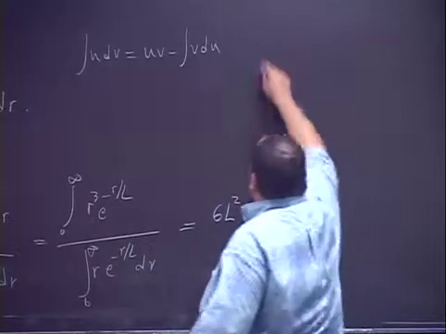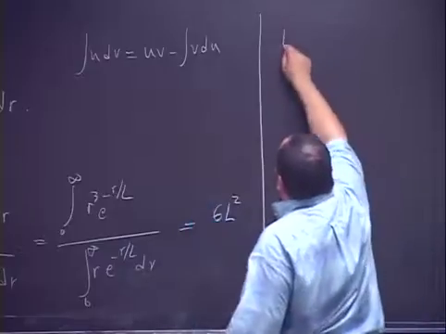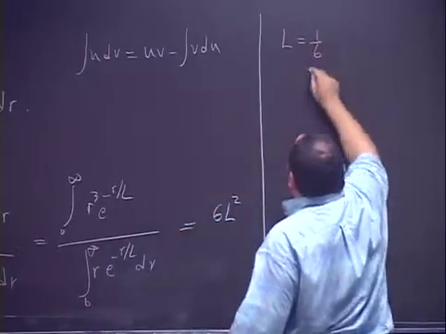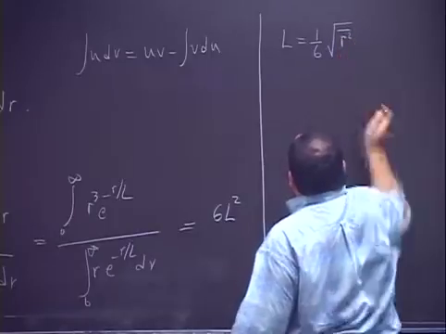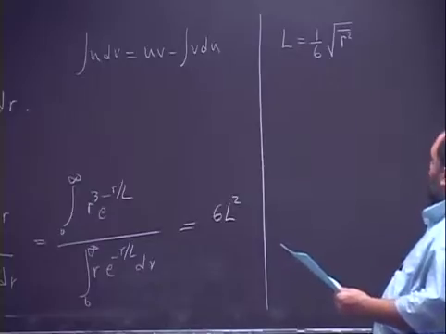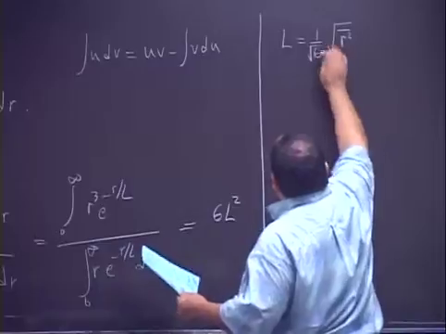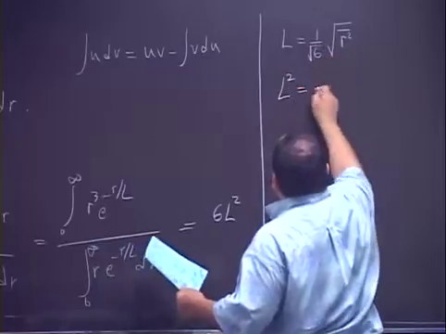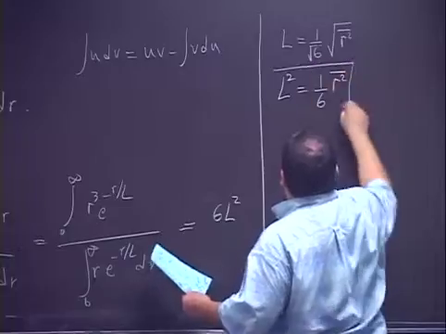So in this case, L square is 1 over 6 of r square average.